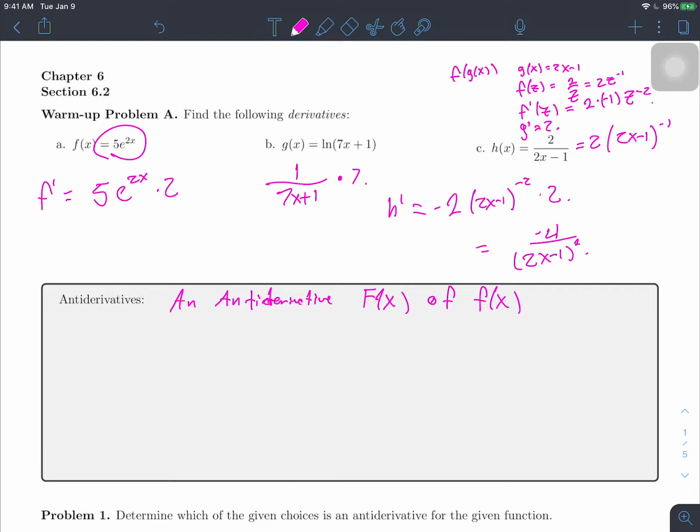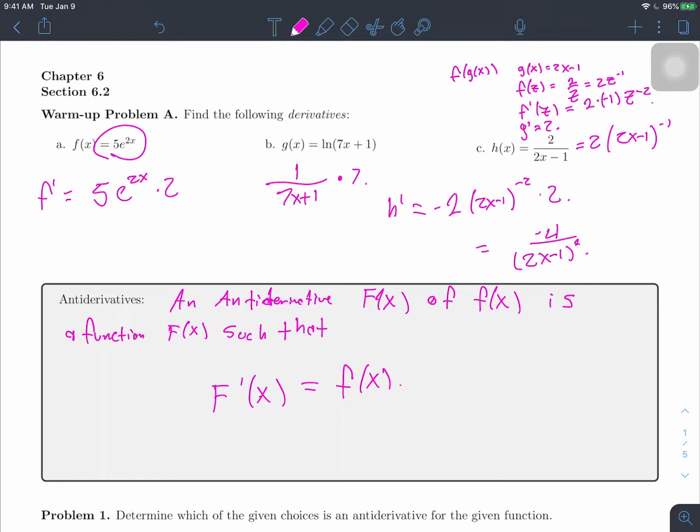Antiderivative of f of x is a function capital F of x such that the following is true: capital F prime of x, its derivative, is equal to little f of x.